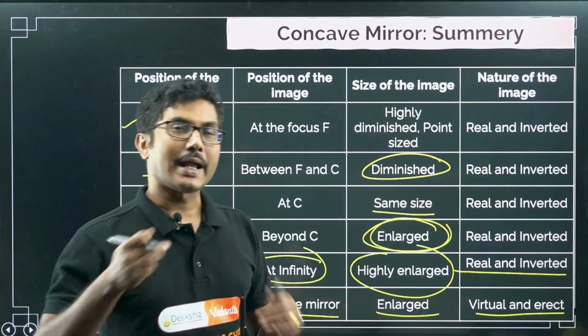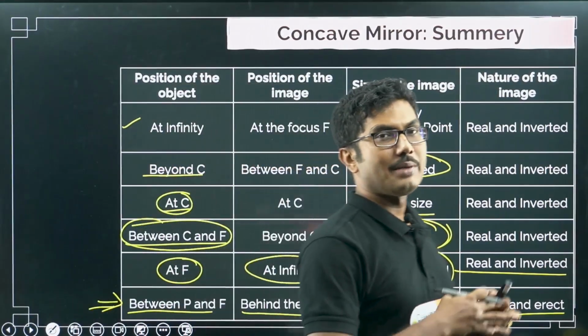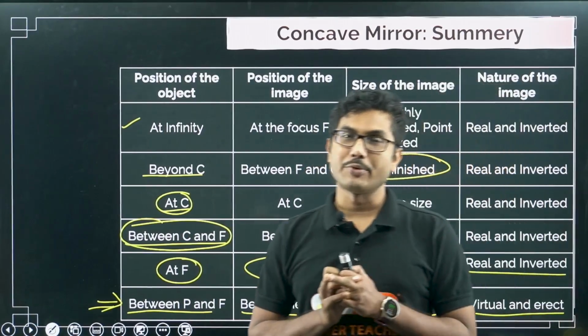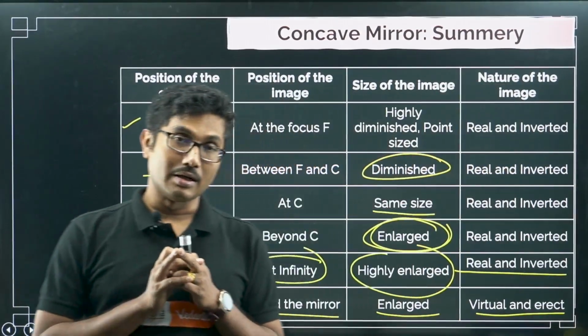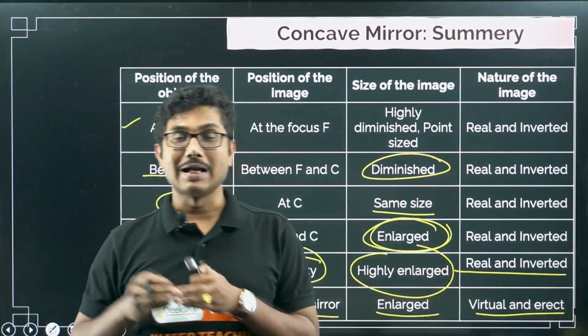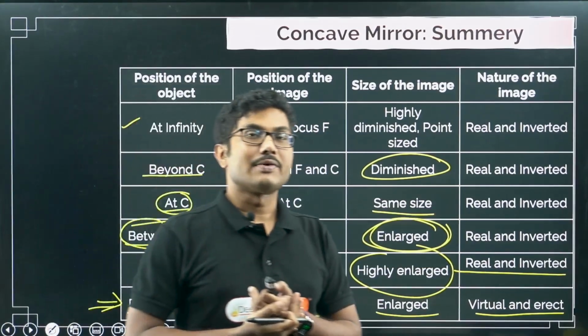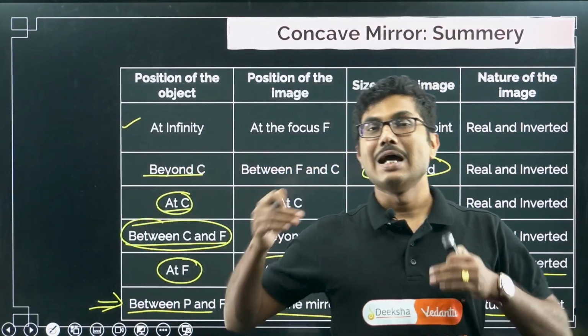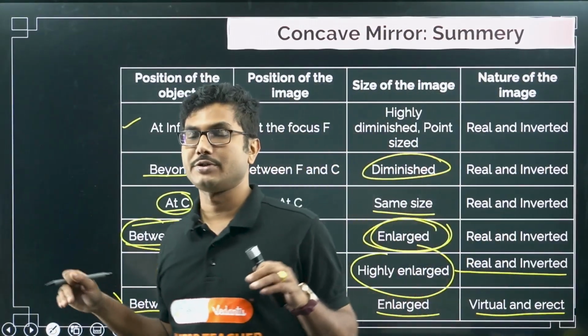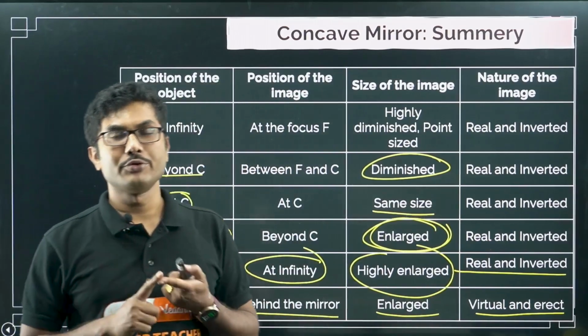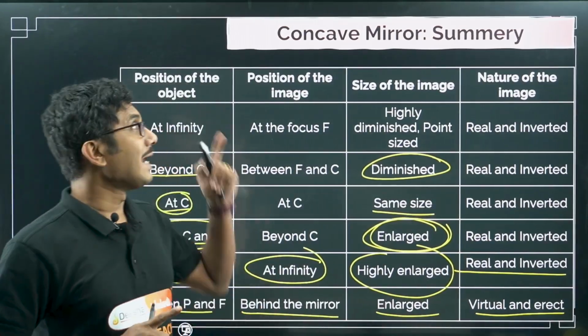So a concave mirror can produce a virtual image as well, but in this case the concave mirror will be producing an enlarged image. Unlike a convex mirror, in case of a convex mirror we have seen the image is diminished in all the cases. Only one mirror can produce an enlarged virtual image, that is the concave mirror.